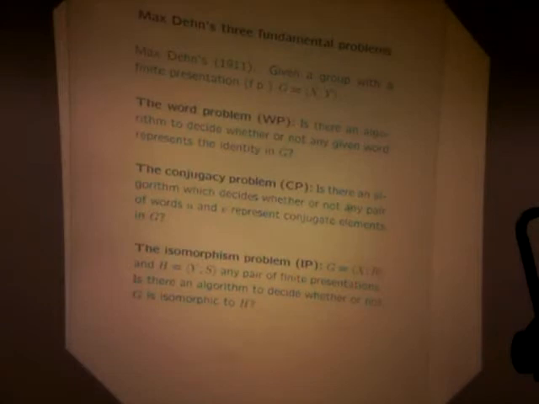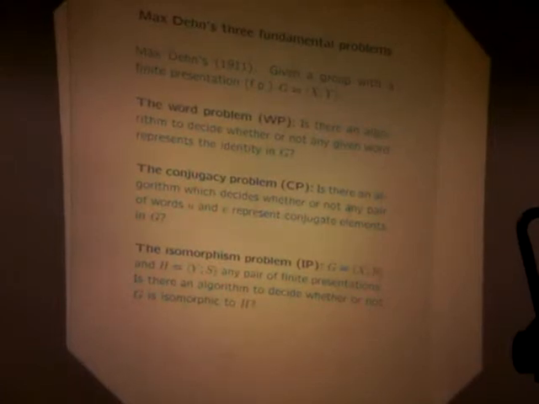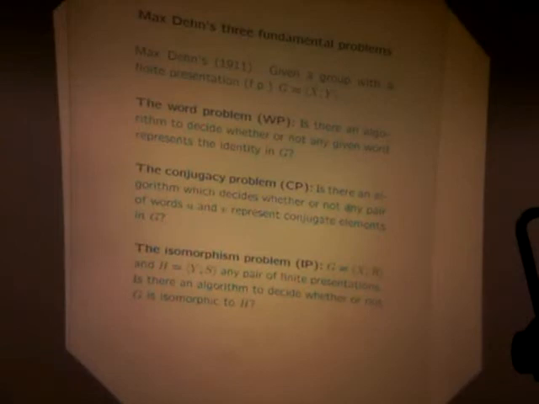The first is, given a finite presentation, the word problem: is there an algorithm to decide whether or not any given word represents the identity in G? So given a word, can you tell whether or not that's the identity? If you can, then you're able to solve the word problem in that particular group.